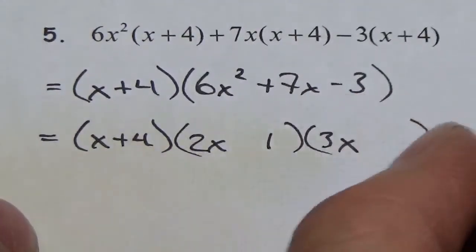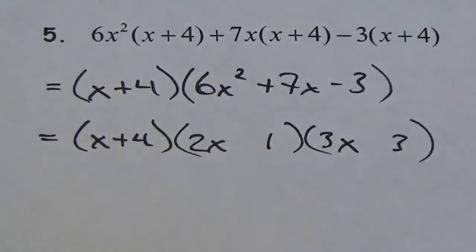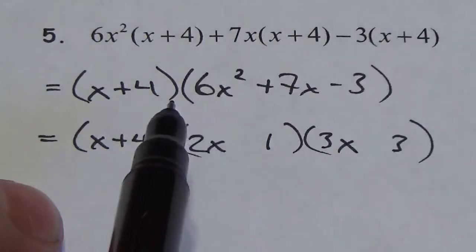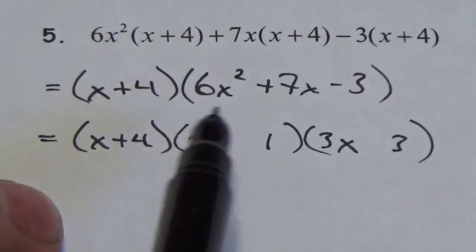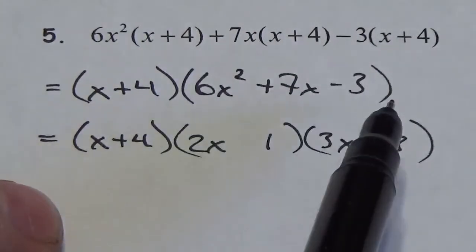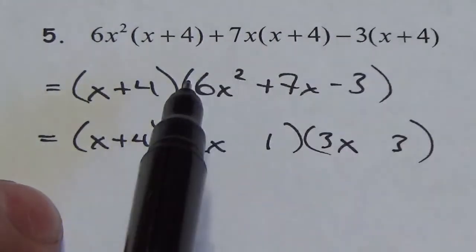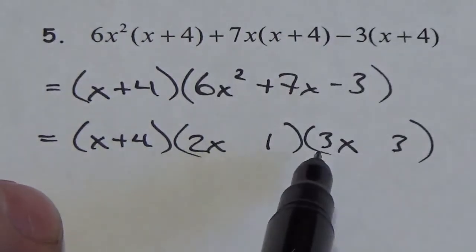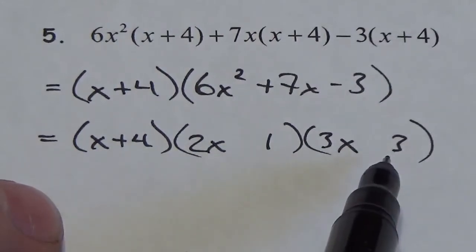If I put a 1 here and a 3 here, that is actually not a very good guess. And the reason for that is there's no common factor here. In this 6x squared plus 7x minus 3, there's no common factor at all. But I'm guessing a binomial that has a common factor of 3.